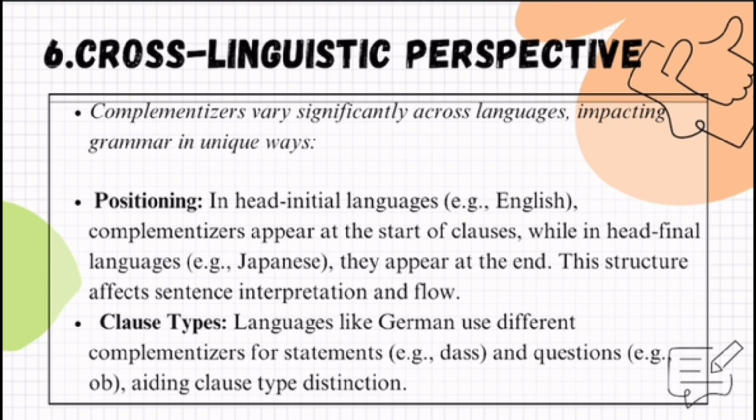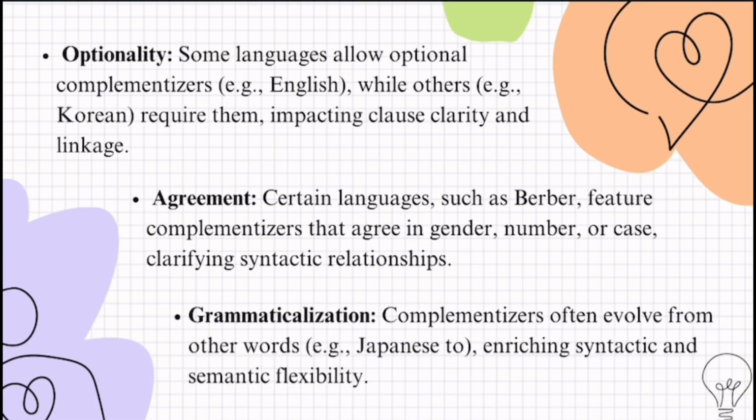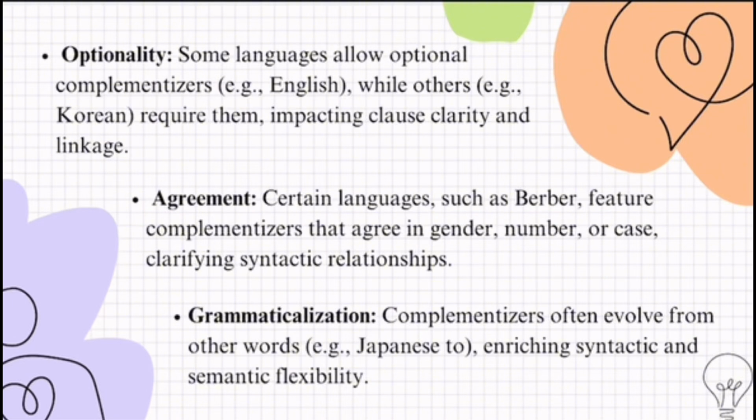The second is clause type. Languages like German use different complementizers for statements like dass and questions like ob, adding clause type distinction. The third is optionality. Some languages allow optional complementizers, for example English, while others like Korean require them, imparting clause clarity and linkage.